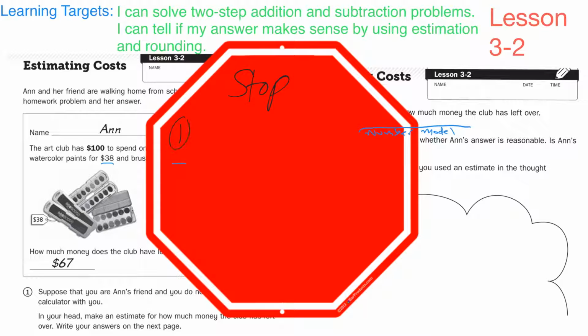Step 1, solve all the problems. Step 2, submit page 2, the back page, this page here with the thought bubble, in Seesaw.